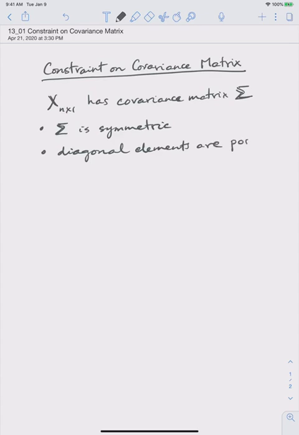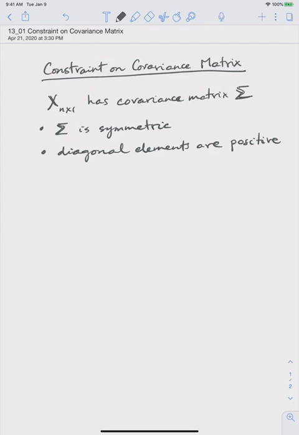In fact, I'm going to write positive, because we are going to eliminate constants in our random vector. So our random variables are going to have some variance. So the diagonal elements are going to be positive. 0 is not allowed.